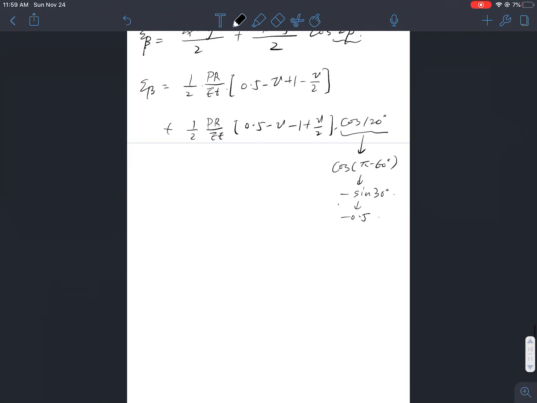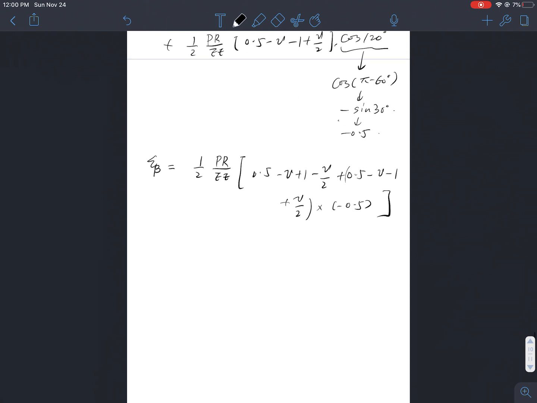So epsilon beta equal to a half of PR over ET, 0.5 minus nu plus 1 minus half nu, plus 0.5 minus nu minus 1 plus half nu, bracket, don't forget, multiply by minus 0.5.